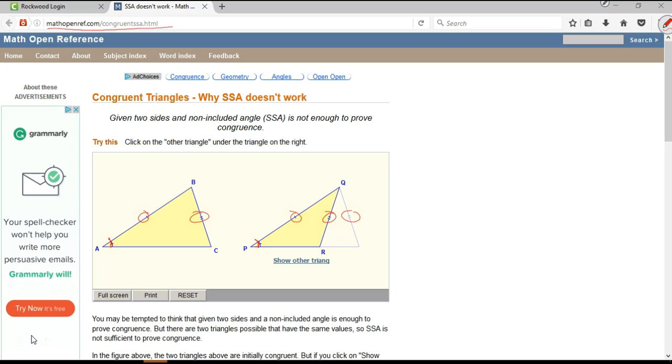But wait a minute. Notice I can take R and pull it in this way until this length is exactly the same. I still have a triangle. So notice, I have two sides and an angle, a non-included angle.